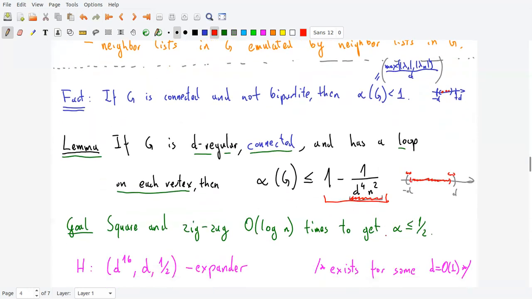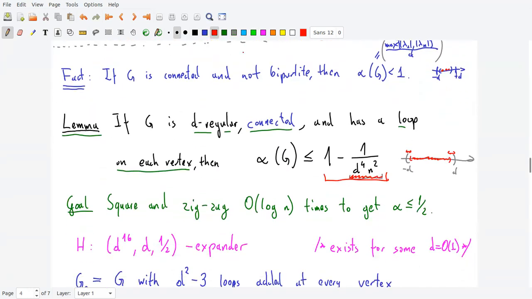So now the idea is that we will be modifying the graph G in such a way that we will be using the squaring and zigzagging roughly log n times to get alpha to be significantly away from 1.